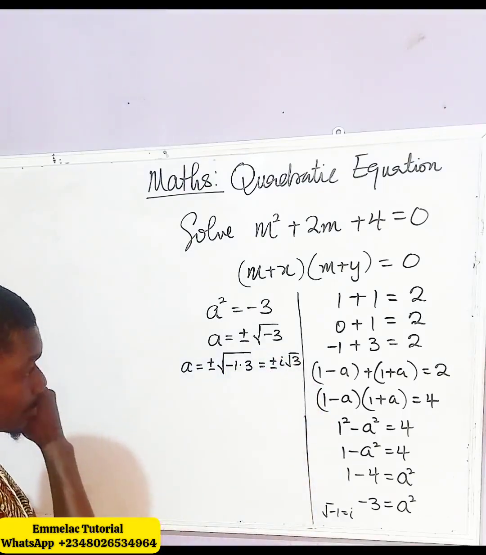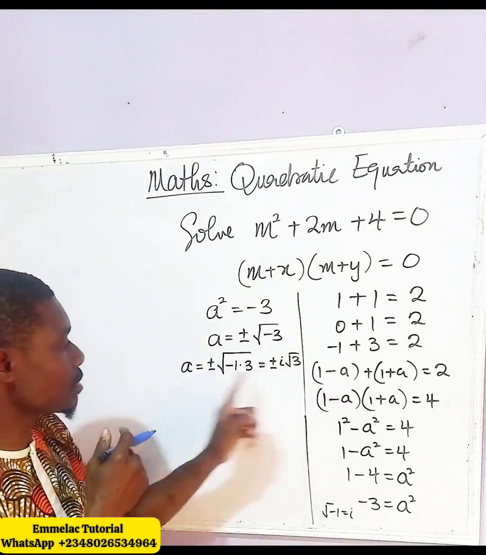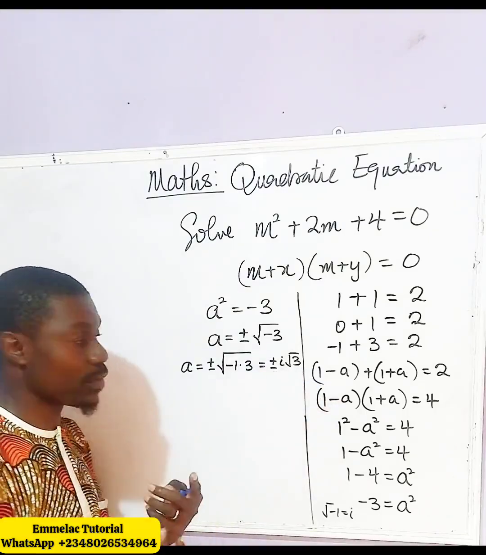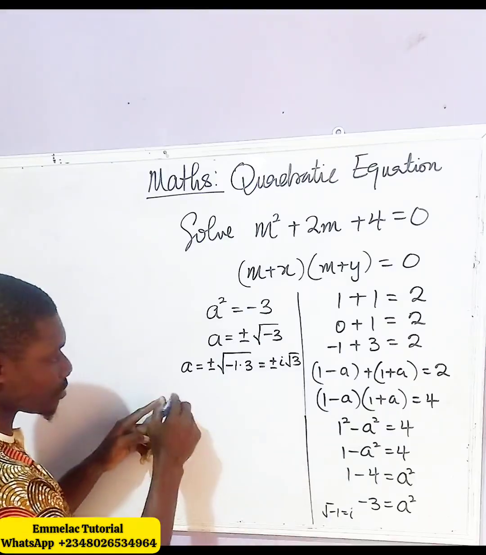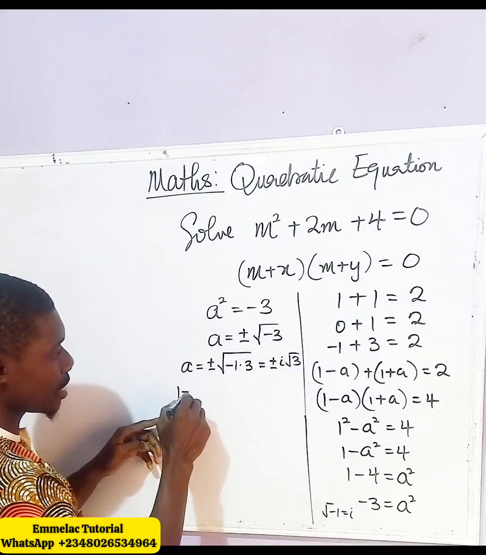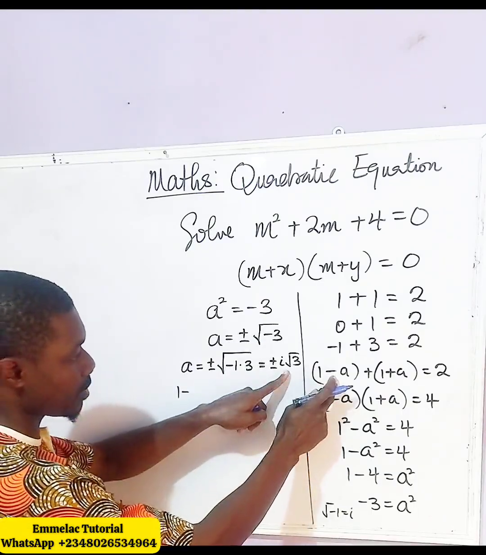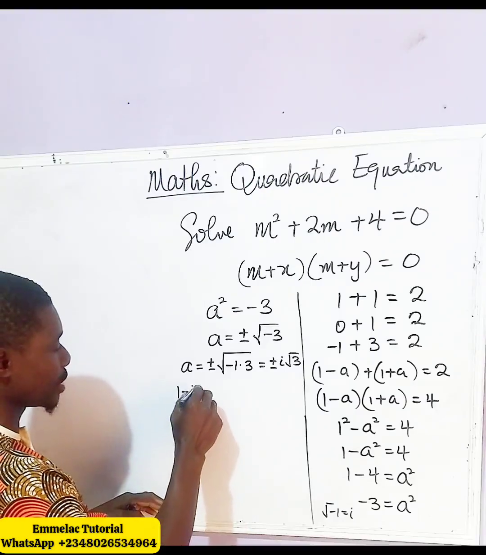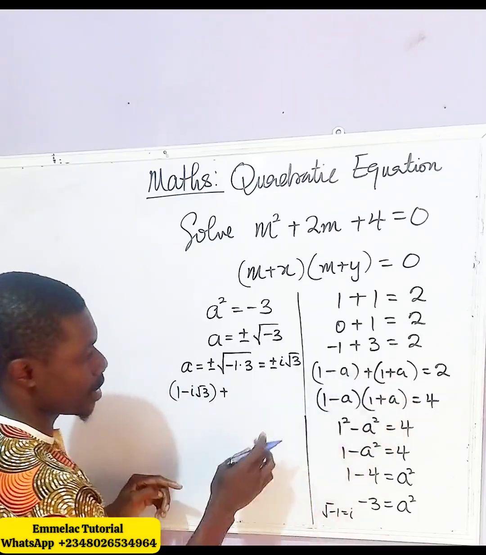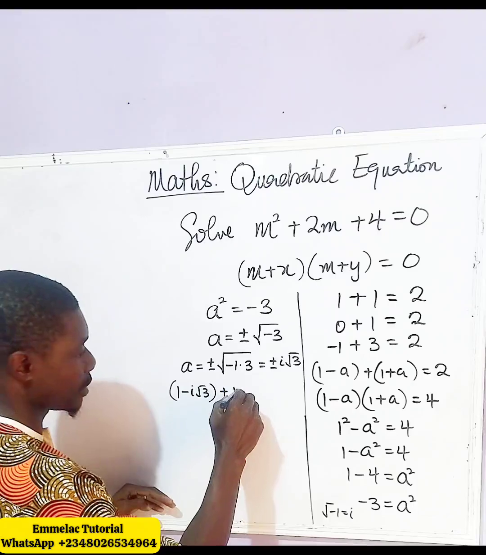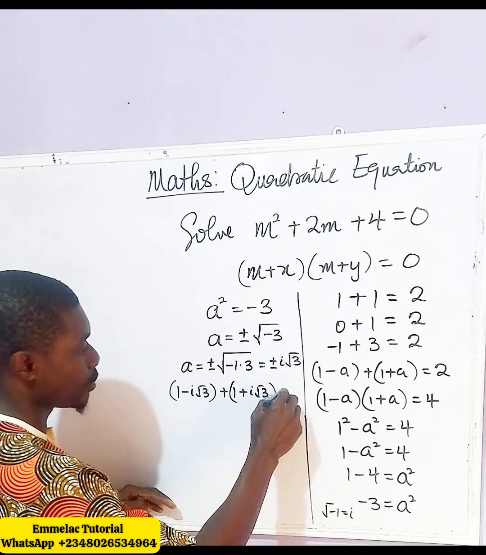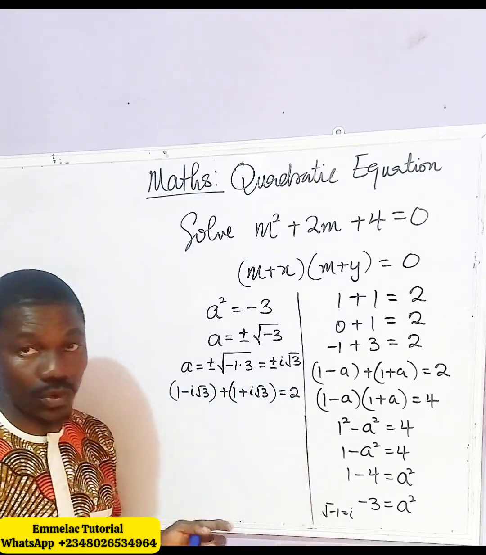At this point, since a is plus or minus, we can actually use either value, but I'll be using the positive. So we can have 1 minus i root 3, plus 1 plus i root 3, which sums up to give you 2.